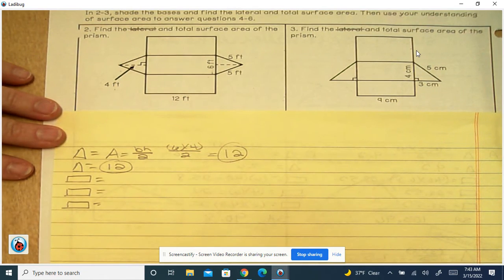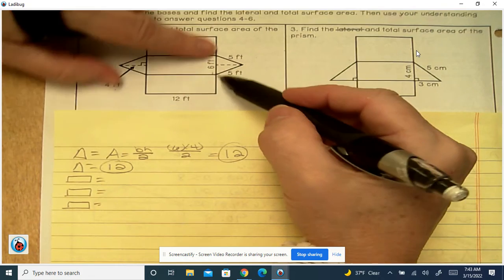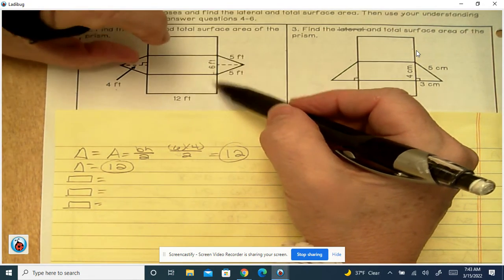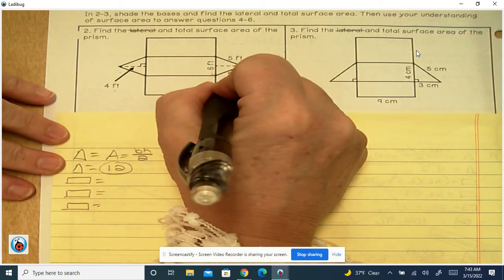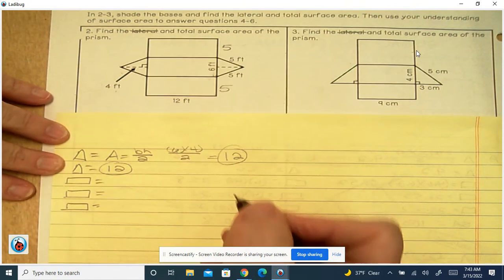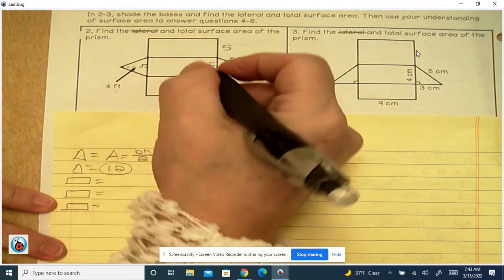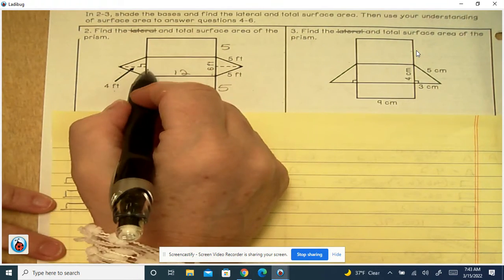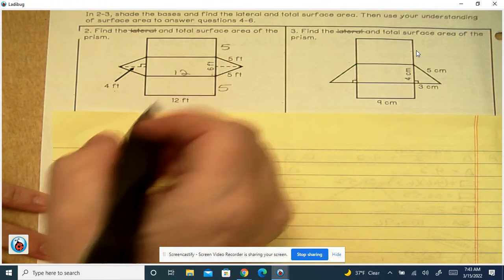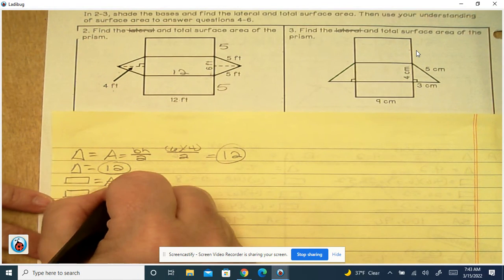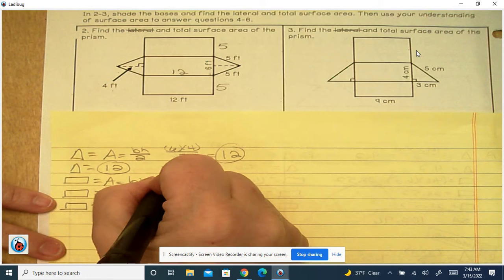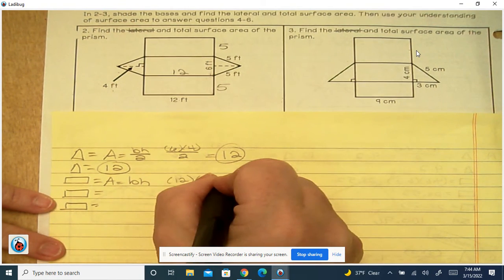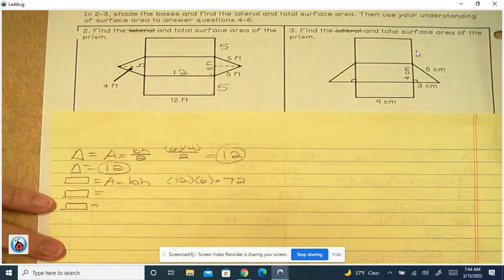We'll circle them. All right, now here, for these two sides right here, when we pull this piece up and fold it, this side is going to be 5. And so is this one. If this is 12, then this is 12. So for this rectangle here, which the formula is area equals base times height, we have 12 times 6. And 12 times 6 is 72.